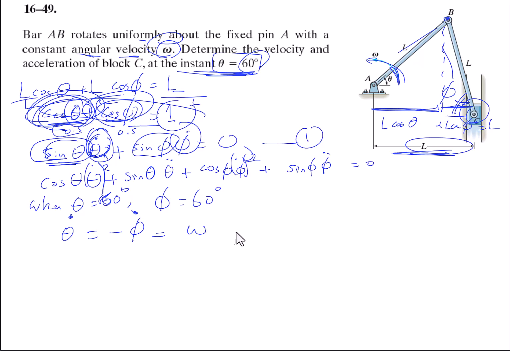Also we know that phi double dot is equal to 0 because of constant angular velocity. So you can substitute all of these in this equation, let's call it equation 2, and you'll have cosine of 60.